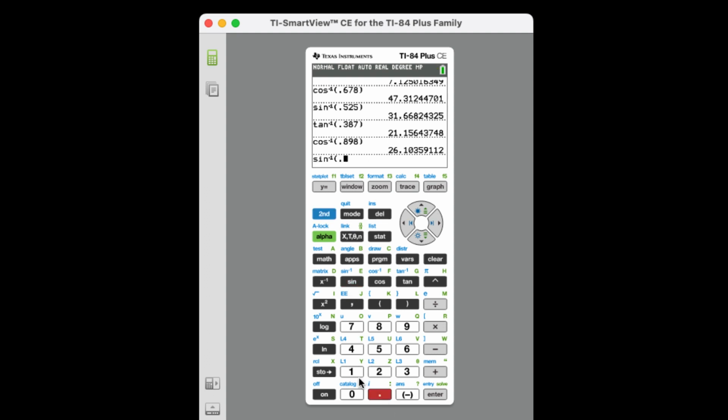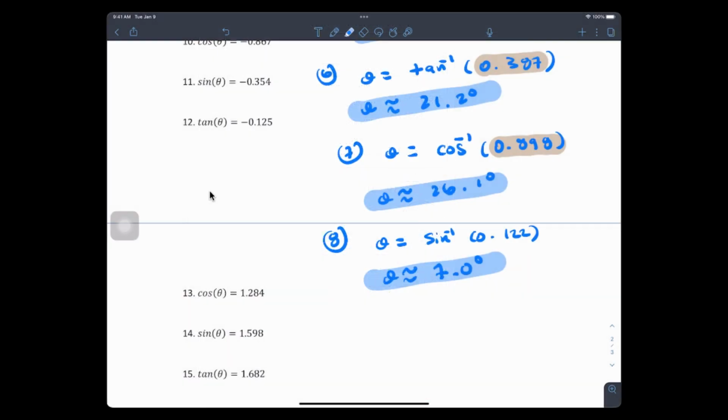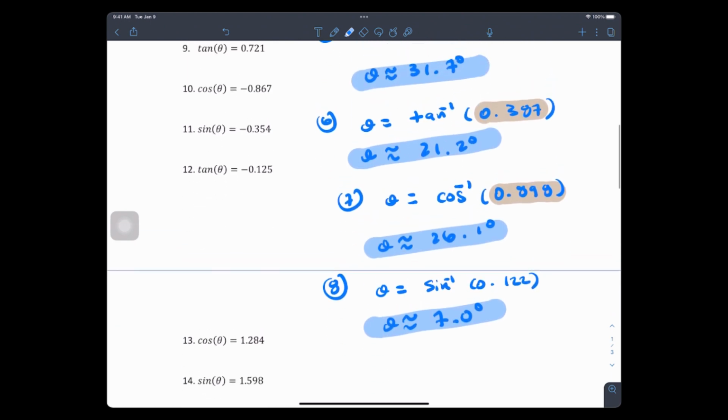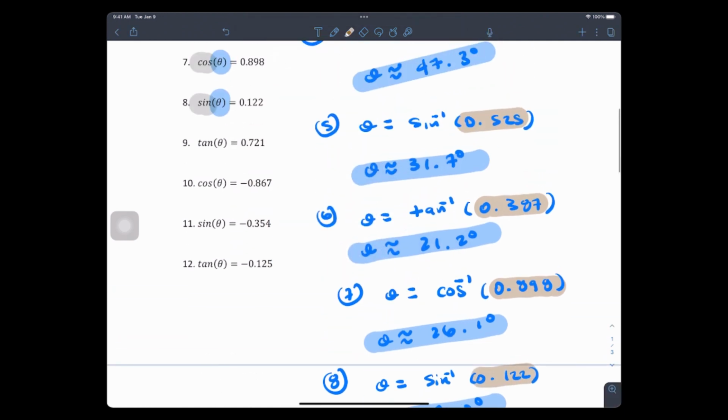Inverse sine 0.122. What do you end up with? What is this? 7.0 degrees. So, ladies and gentlemen, there you go. This is how you handle this question here. This is number 8.